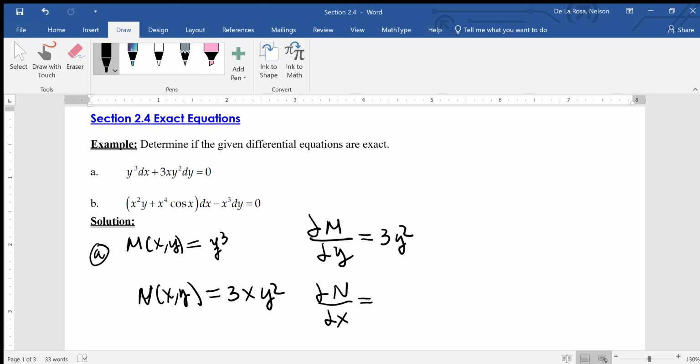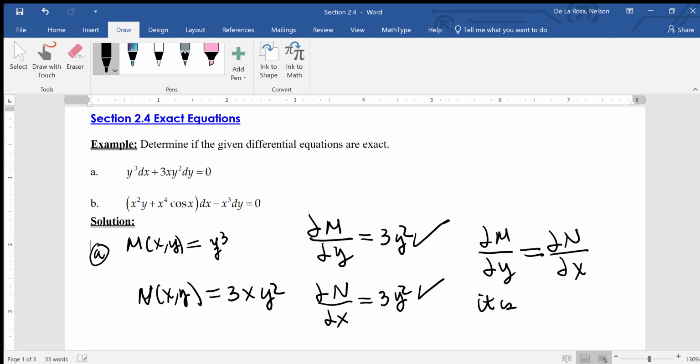It's going to be 3y squared. Since dM/dy is equal to dN/dx, then it is exact.